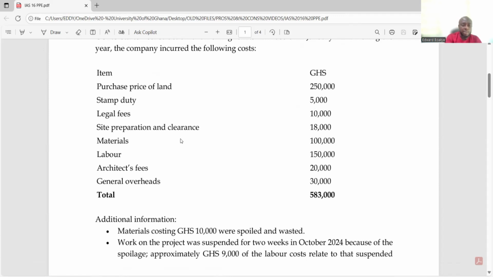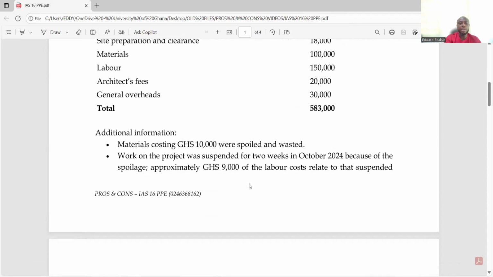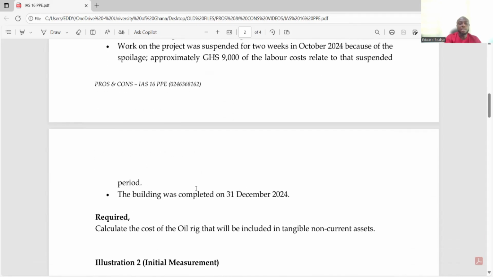So from this labor we will have to take 9,000 out of it and make it 141,000 instead. So what does that mean? They said we should calculate the cost of the oil rig that will be included in tangible non-current assets.